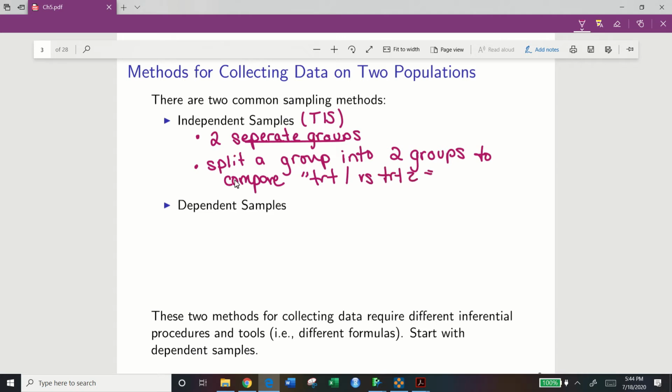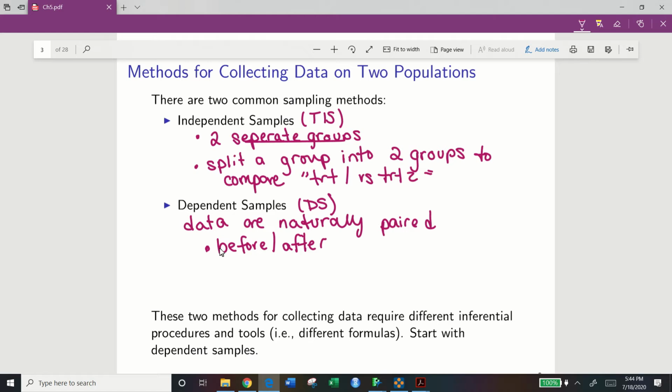Next, we have dependent samples, and you'll see me abbreviate this as DS. And this is data that is going to be naturally paired. Now, this term may seem funny to some of you. What can naturally paired mean? We often use this expression when we're talking about before and after studies.